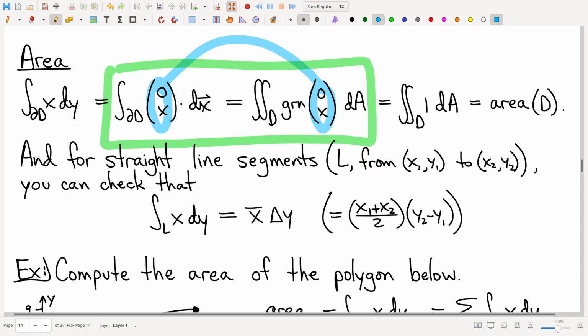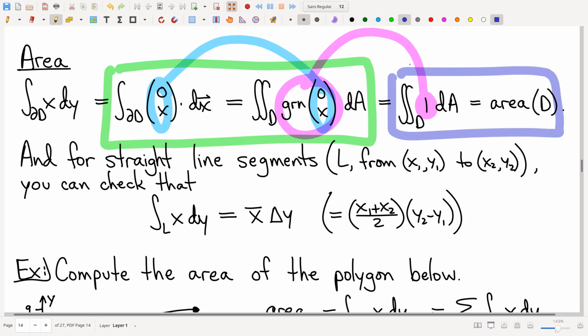It's not uniquely special, but it is a special vector field. Why? What is so special about 0, x? Well, I can compute Green's operator very easily, and the answer is 1. And it's really cool to have Green's operator be 1 because then this next integral is really easy to compute. It's just the area of the region enclosed. An integral of 1 over an area gives you that area.